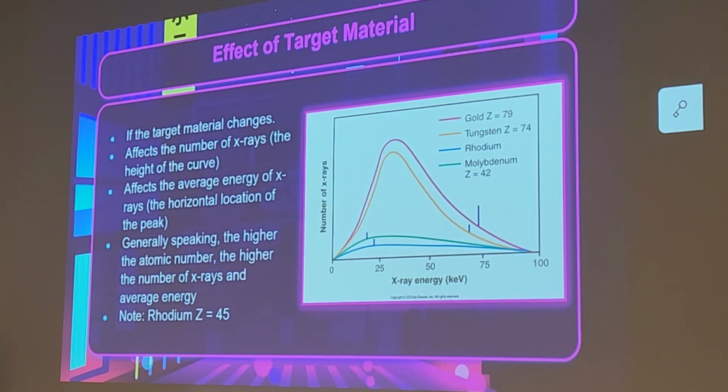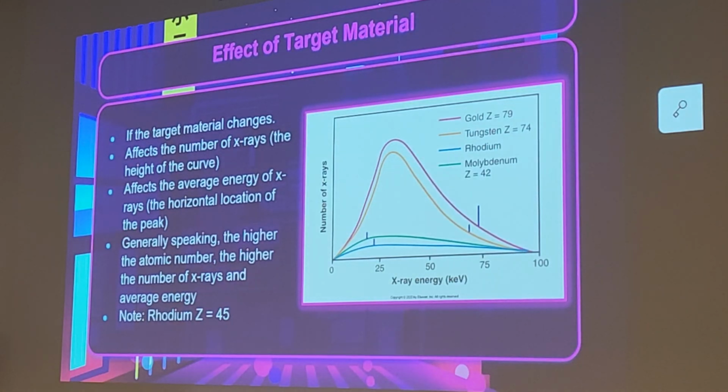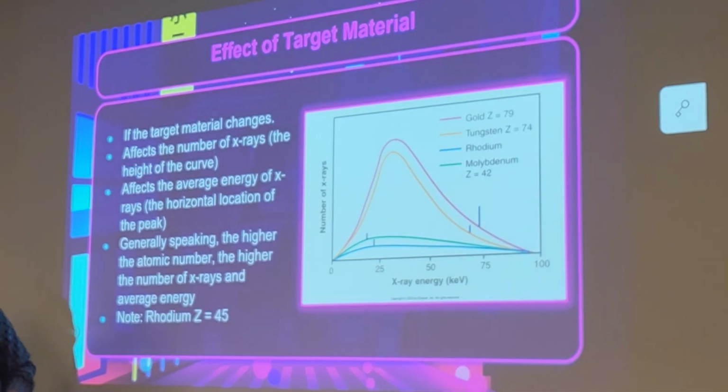No, gold's going to melt. You fire electrons at your gold target and you're going to have a melted target in no time. You're just going to have a blob of gold inside your tube. So why do we use tungsten instead of gold? Because tungsten has a higher heat resistance. Right. X-ray production is not our only concern. We also need to worry about the heat resistance of the metal.